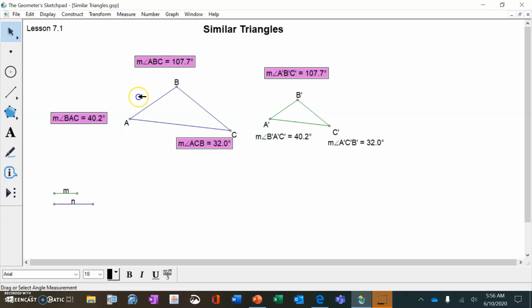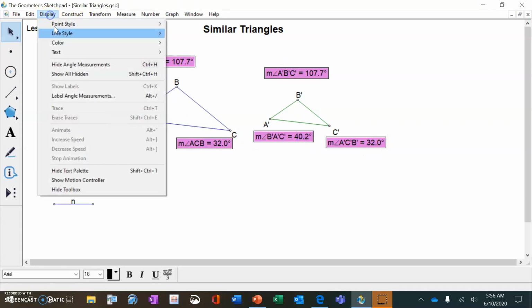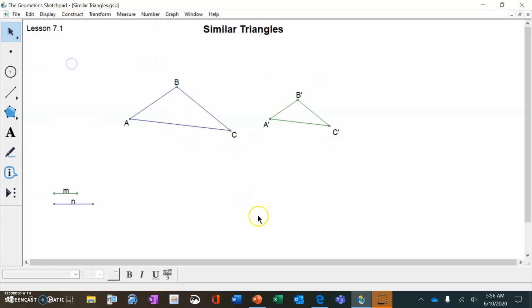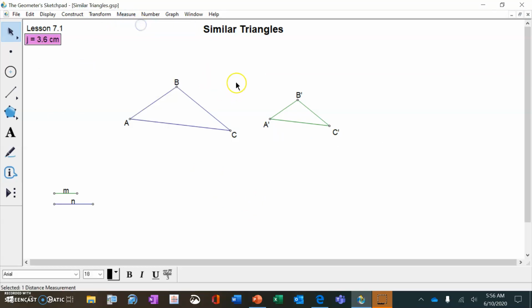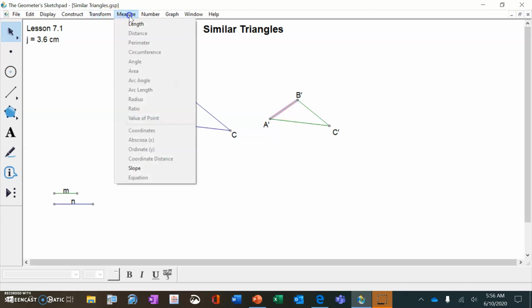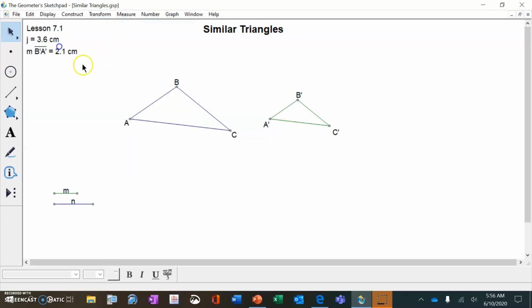Now I'm going to hide all those measurements. The next thing I'm going to do is measure sides. So I'm going to measure this side, that length, and I'll measure its corresponding length. Then I'm going to find out what the ratio of their sides would be.